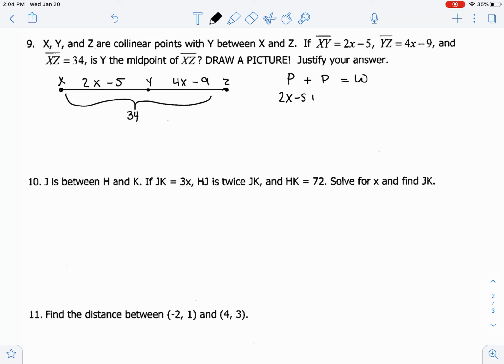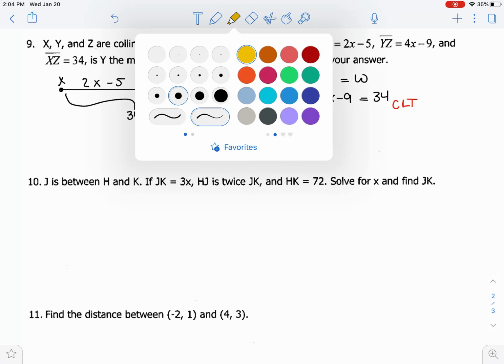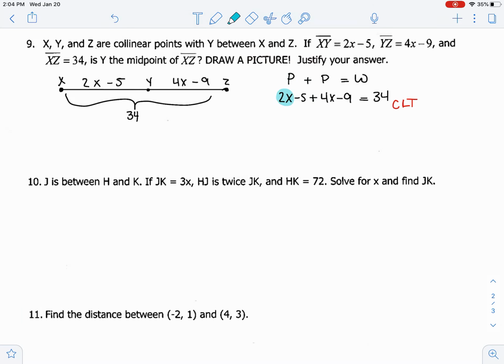2x minus 5 plus 4x minus 9 equals 34. Our first step here is to combine like terms. Already we are forgetting this, that we practiced, we reviewed. I've seen a lot of people forget to combine like terms. So that means the x's will combine, the constants will combine. I'm going to go ahead and color those in a different color.